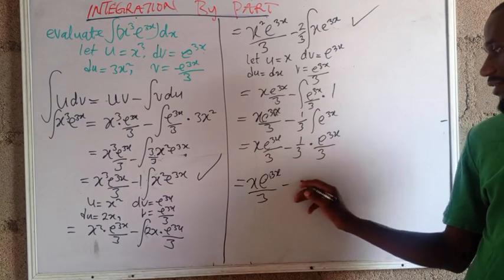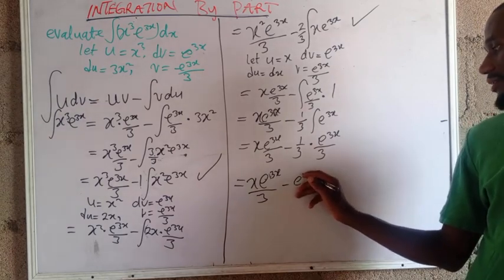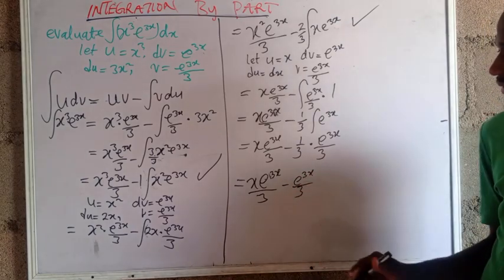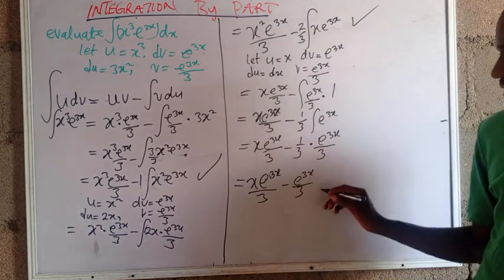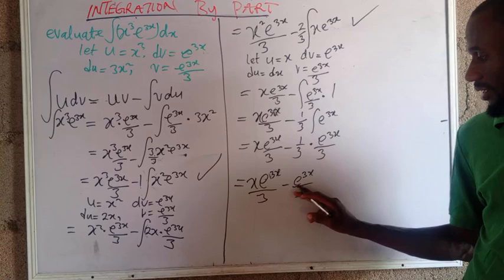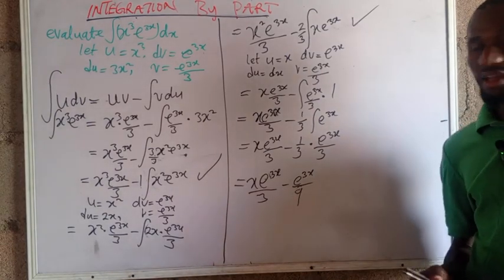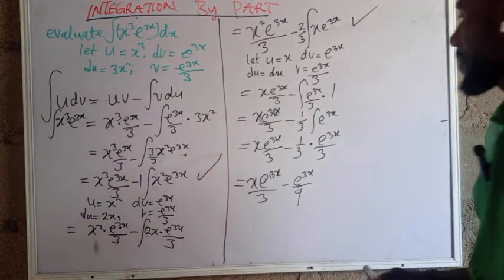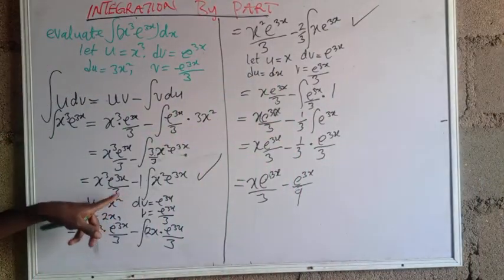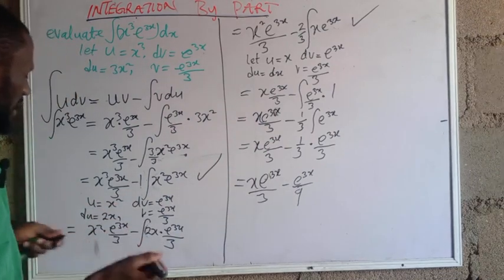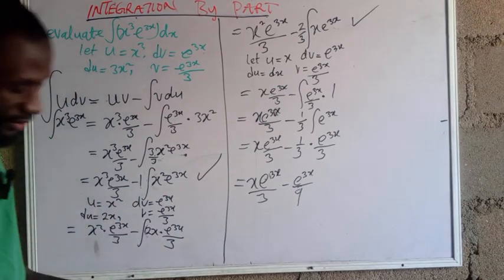Here you have exponential 3x all over 3. Then remember that 3 times 3 is 9. Then you can multiply. This is equal to 9. You are going to plug this one from the first step. You are going to take this and multiply by these two. Okay, let's take this step and multiply.